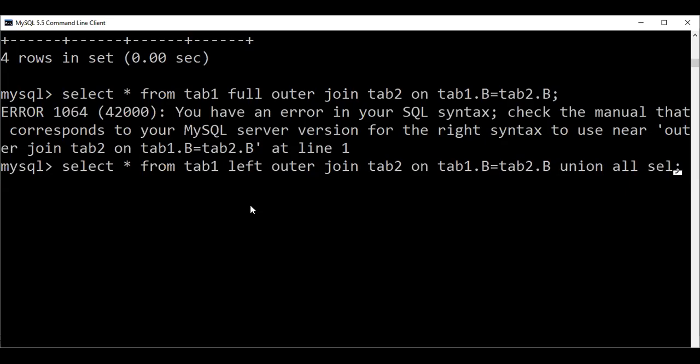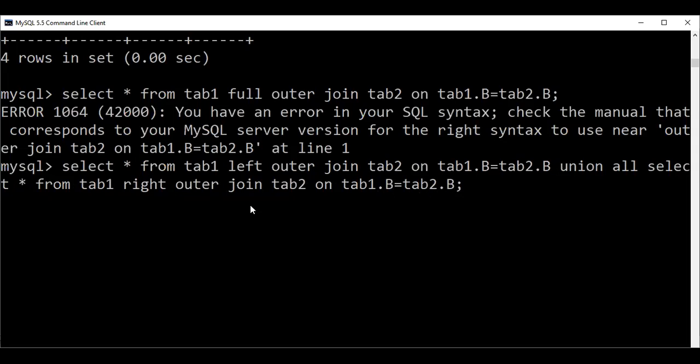Then you write select star from tab 1 right outer join tab 2 on the common attribute, tab 1 dot p equal to tab 2 dot p. This will give all the details, as you can see here, but this is actually not correct. We are moving indirectly.